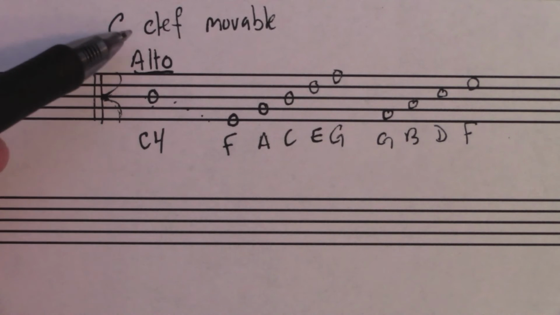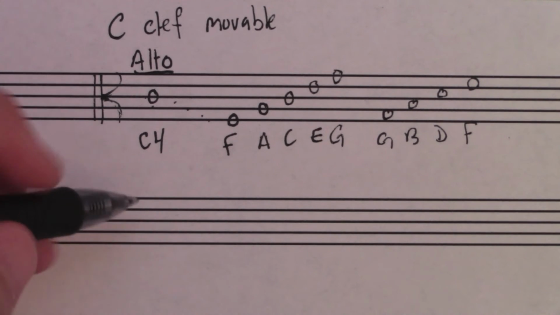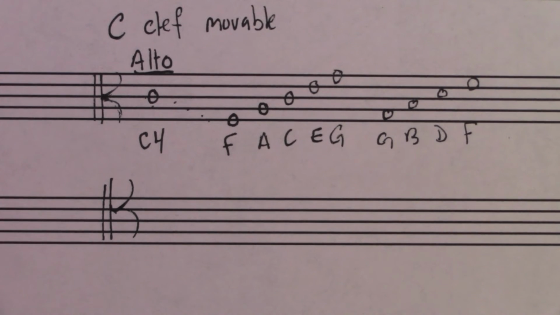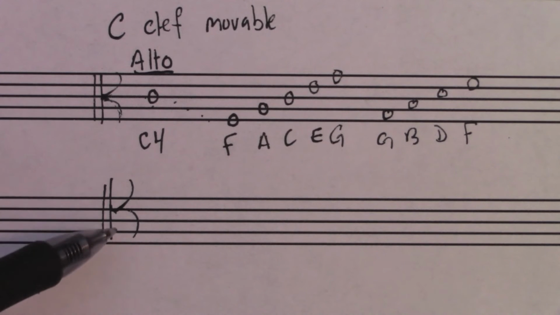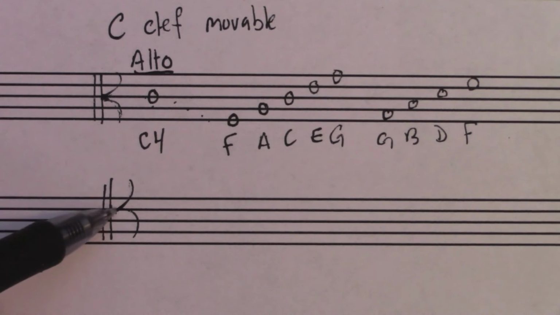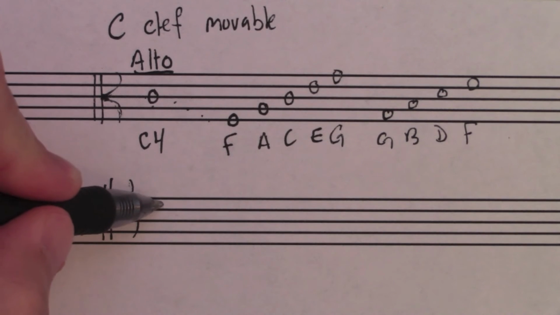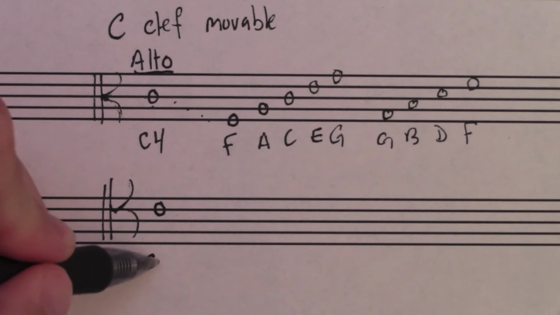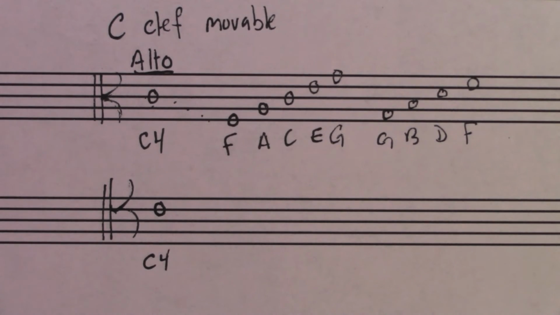But like I said, C clefs are movable. So we can also have this one here. Well, how do you know how this works? Same way. Where these curves go together, which in this case is that line, that is C4. And so you can figure everything out from there.